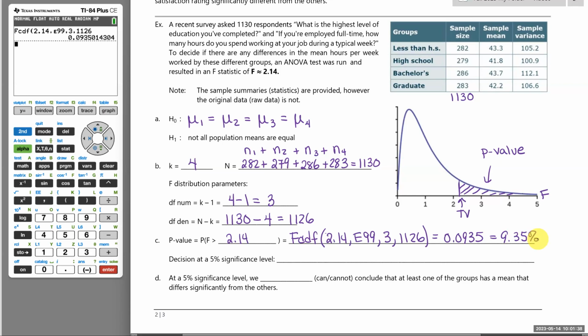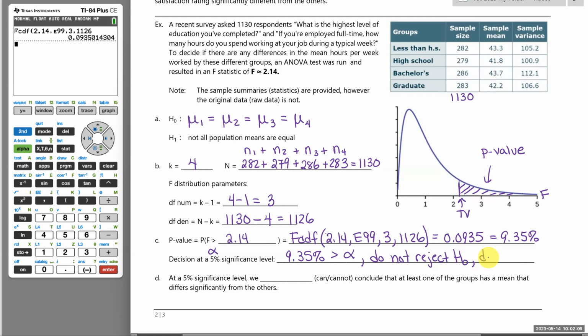Right, and we're going to make our decision at a 5% significance level. So 9.35%. If we're using that alpha, that is definitely bigger than alpha. So our p-value is not low. So we do not reject the null. We do not have strong enough evidence against the null.